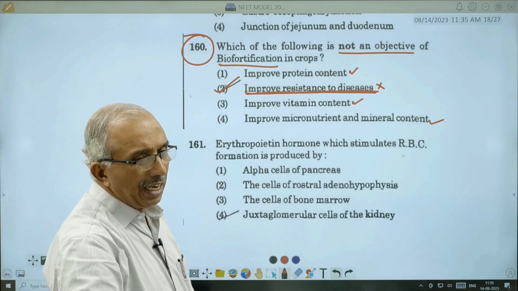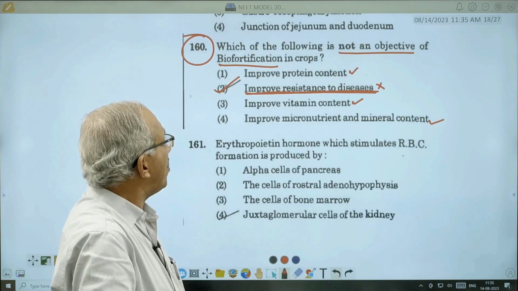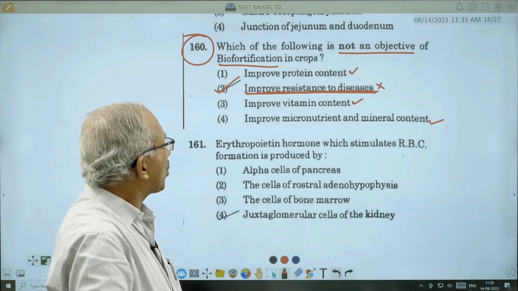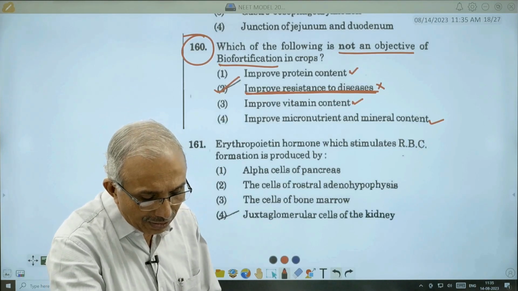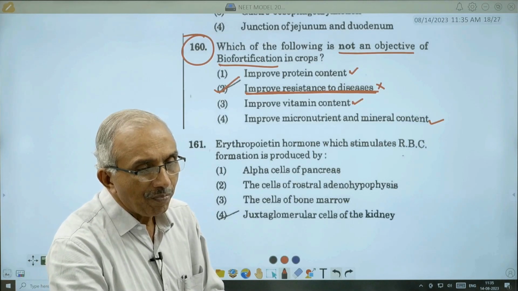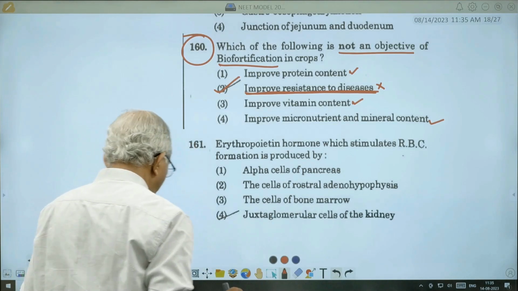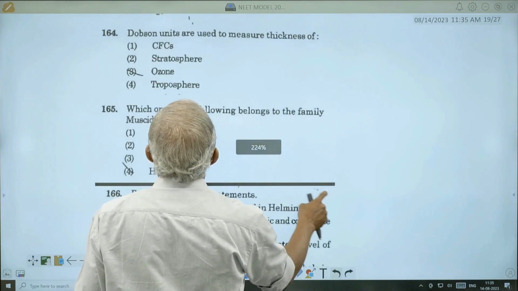Biofortification is an attempt of plant breeding which aims to improve the protein content, vitamin content, micronutrient and mineral content. But disease resistance is not coming under the program of biofortification. Next page.